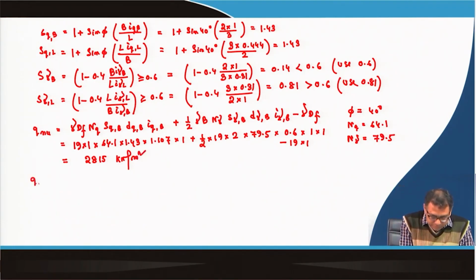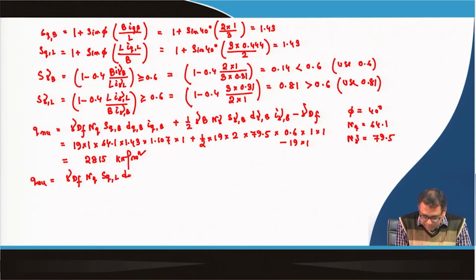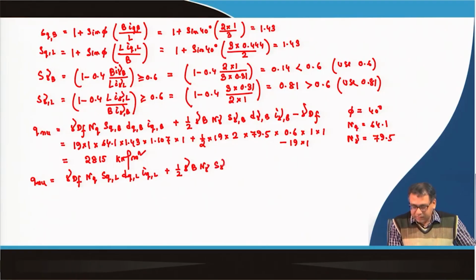Now, we will go for the next set of equation, and that is we have to replace B by L. So, this will be gamma df N_q, S_qL, D_qL, i_qL plus half gamma L N gamma, S gamma L, D gamma L and i gamma L minus gamma df.